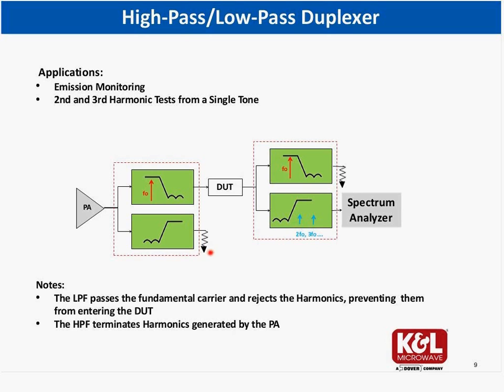Terminating the high-pass right after the PA guarantees that no second harmonics from the PA, which we know are created, will go through the device under test. That's the purpose of this high-pass filter here. And this high-pass will reject the carrier from burning or mixing into the spectrum analyzer.